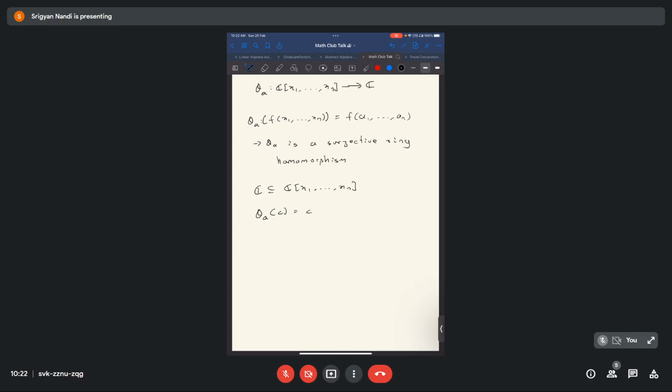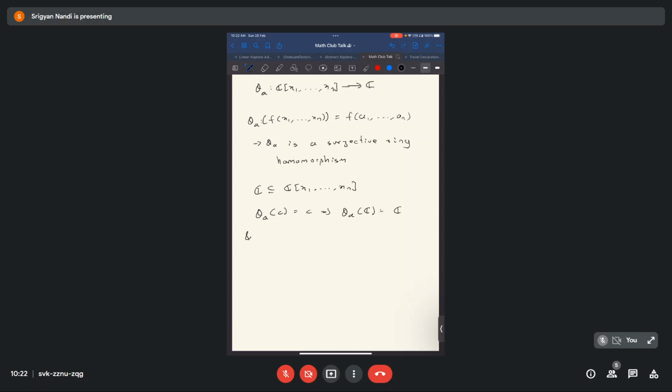Since c on the left side represents the constant polynomial c, and c on the right side is the evaluation of the constant polynomial, which is the constant that represents itself. So this implies that theta_a of the subset C is equal to C. So every element of the complex numbers has a preimage in the ring of n-variate polynomials.